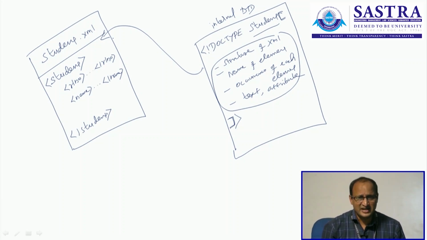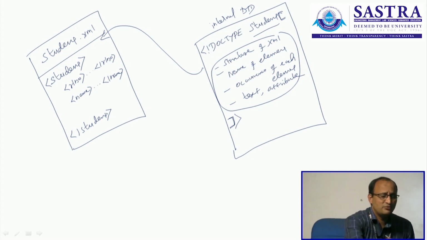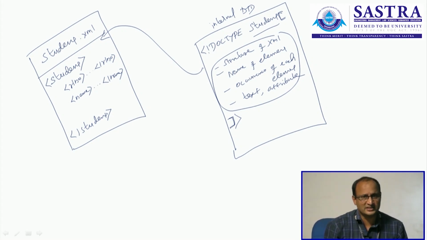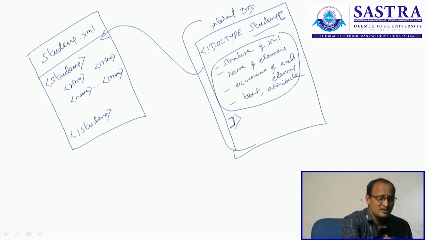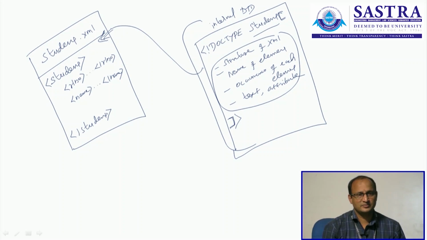So if it is an internal DTD, what file name do we give? The file name should be the same, student.xml, which has the internal DTD for student. So this entire structure should be written within this space.